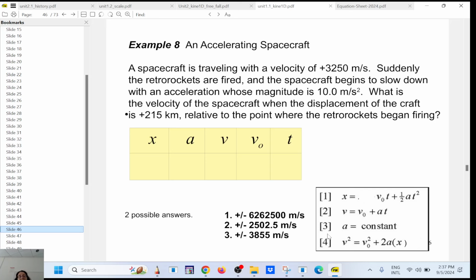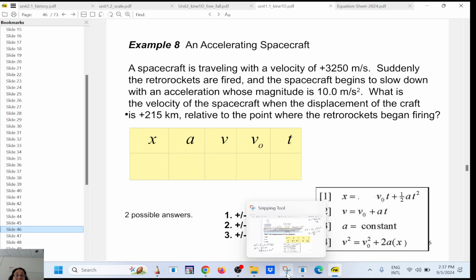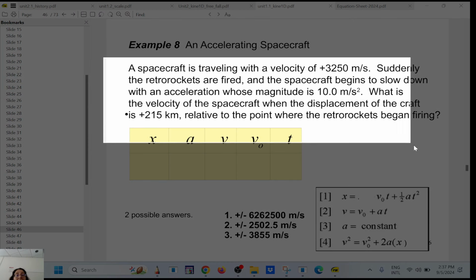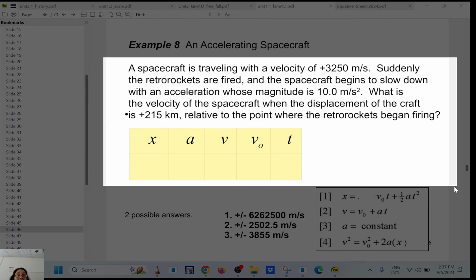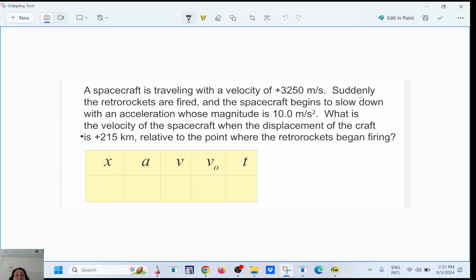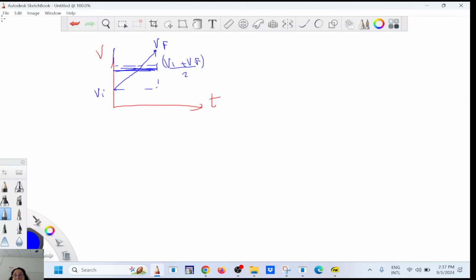So make sure to have a drawing. Try to draw the situation, make a sketch, and then you can help each other discuss which equation to use, and then you can blame the algebra.